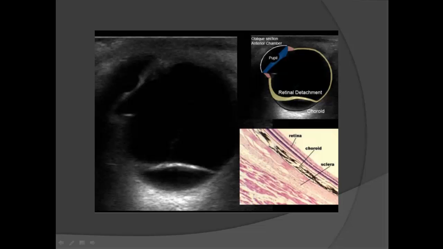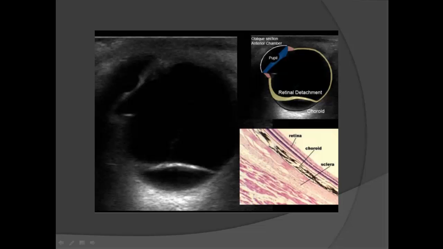Here on the left side of the screen, you can see the globe of the eye in the middle. The cornea, iris, and lens are in the upper left-hand corner, and at the posterior of the eye, there seems to be this extra flap that's an irregular contour of the retina.